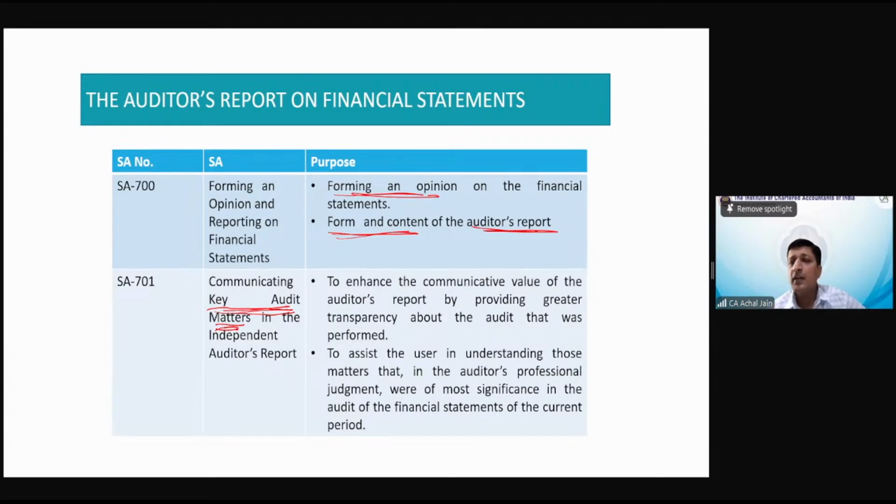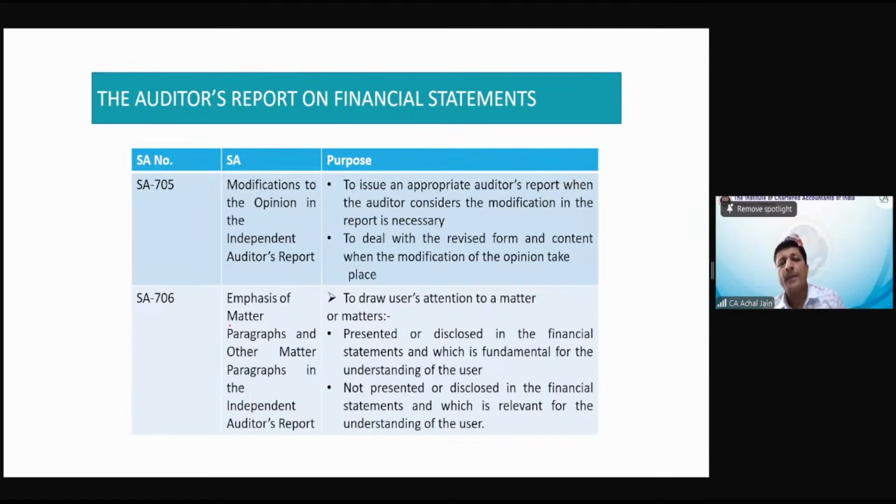What is that? SA 701. Okay. Then, let's suppose the auditor considers that there are material misstatements and therefore modification will be required, so which auditing standard is required to be looked at? SA 705.